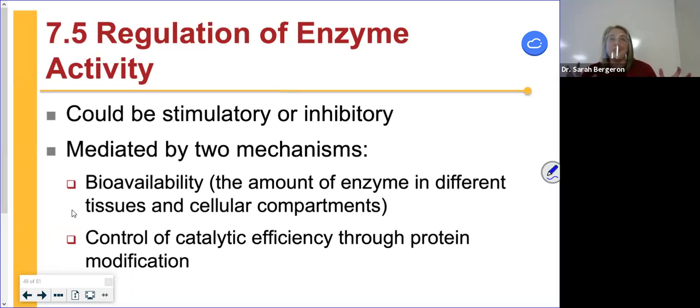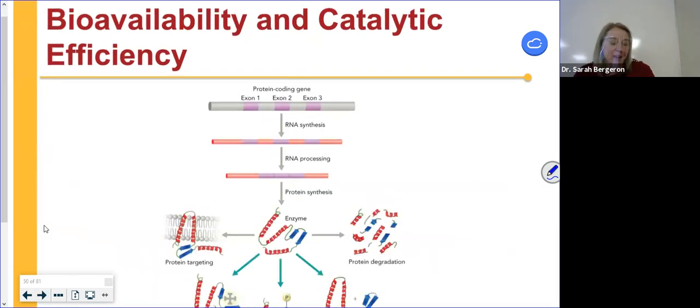You can modulate them in the positive direction to be stimulatory, and in the inhibitory direction so you can inhibit their activity. All the different mechanisms fit into 2 categories: bioavailability and control of our catalytic efficiency. So let's look at those two and all the different ways that can happen.